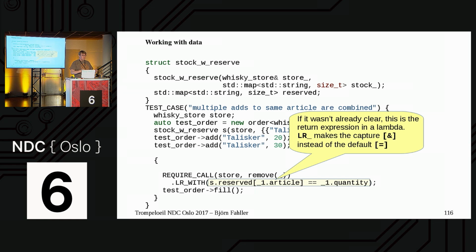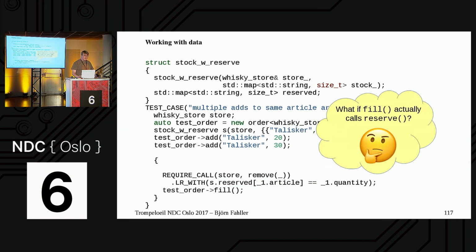And this LR changes the capture to be a reference capture instead of a copy capture. So a little bit of a crack here in the facade, I guess. But there you go. This works fine.